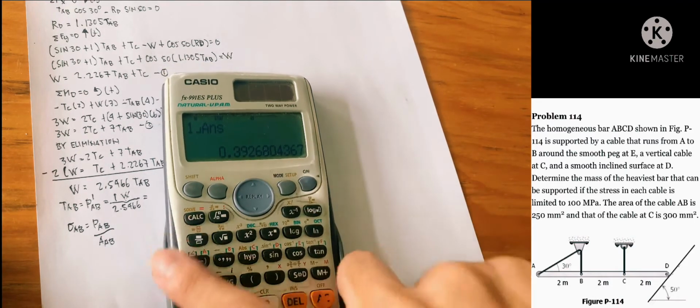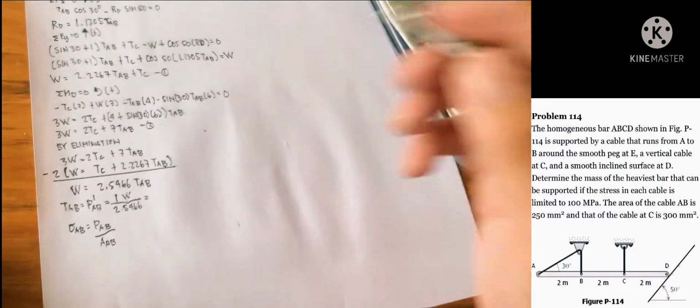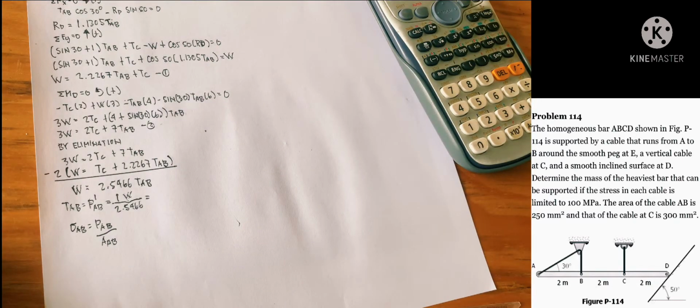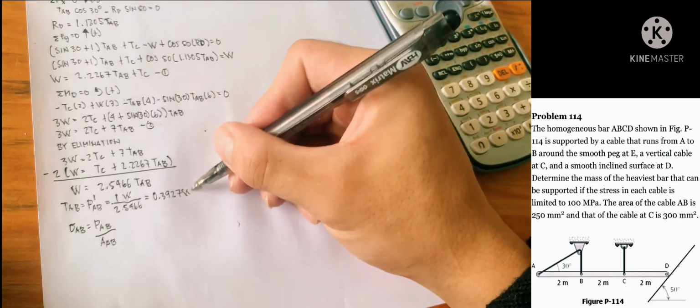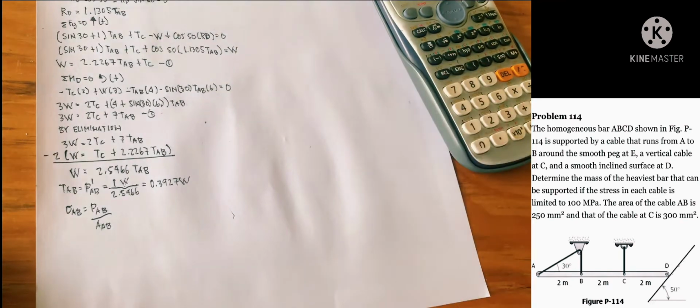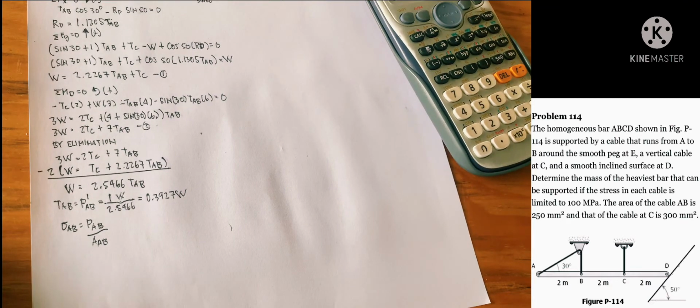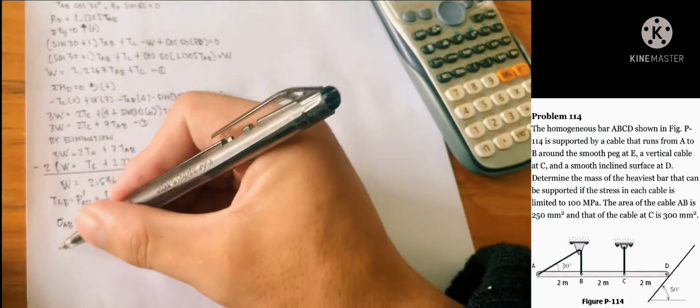Since we are trying to determine the weight, we can already solve, because we already know the ratio of the load of the TAB to the weight.